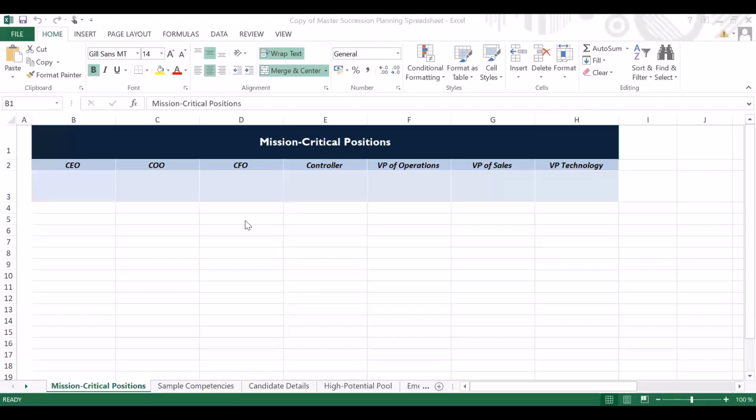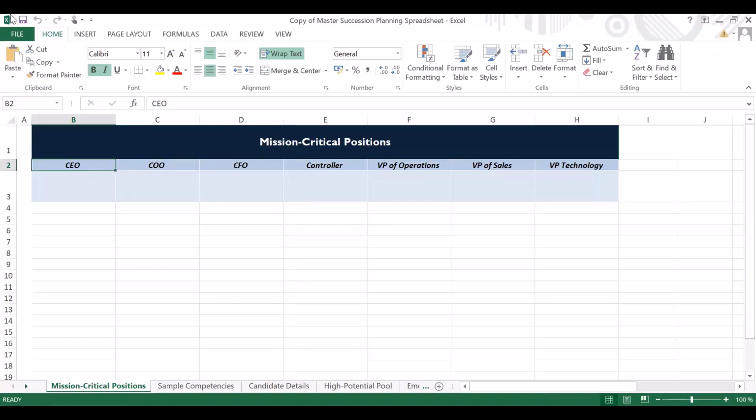So I've defined mission critical positions here. You need to define your mission critical roles, to say in this organization, if the CEO leaves, then they are done for. I've helped to define what those mission critical roles are by the company structure, by the key tasks they perform, by the special expertise needed for the role, and by the geographic region, because your organization may not be only in one place.